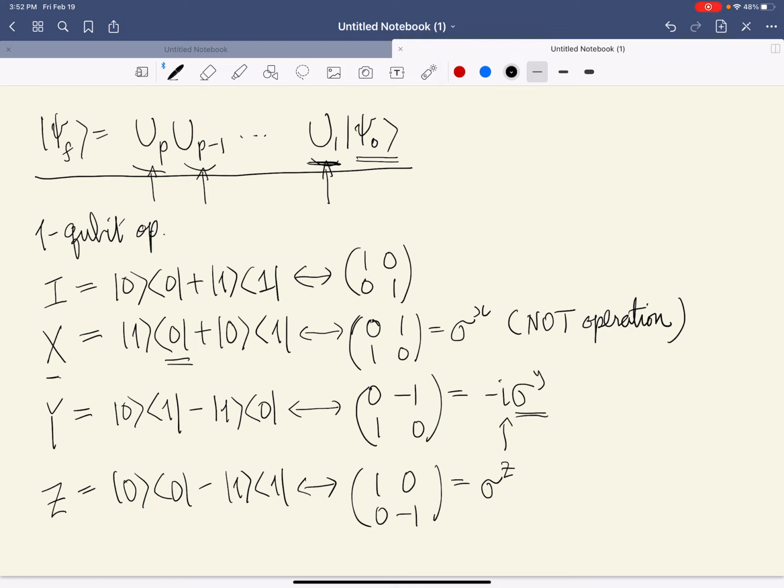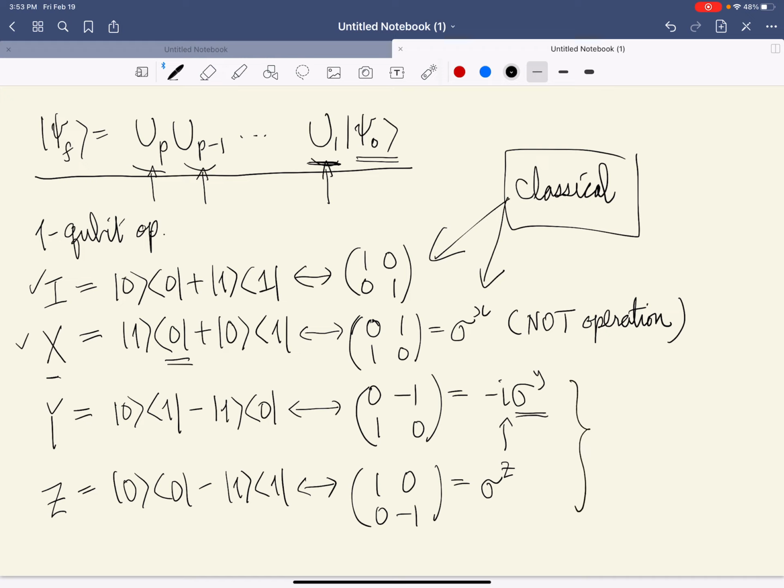So, of course, the I operation can exist classically, and so does the X operation. Both the I and X are well-known classical operations, but these two are not really classical operations at all. The reason is that when this operation acts on the 1 state, it returns the 0.